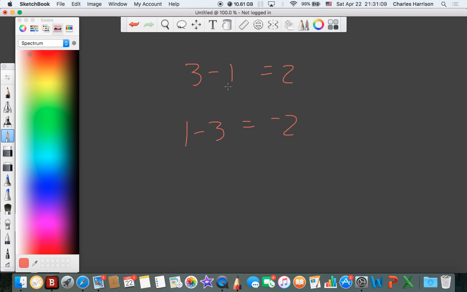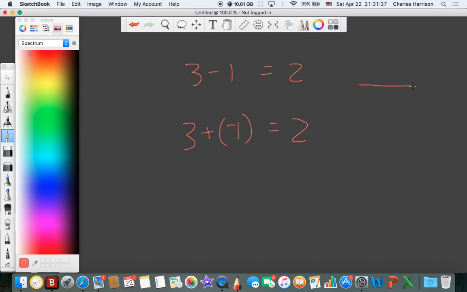But let's go back, and instead of 3 minus 1, let's say I had 3 plus negative 1. You see that? I add that plus sign to it. That now is an addition problem. Now we know that a negative and a positive make a negative in the end, so this really is going to be 2, 3 plus a negative 1.